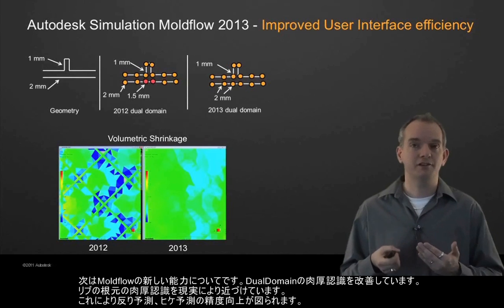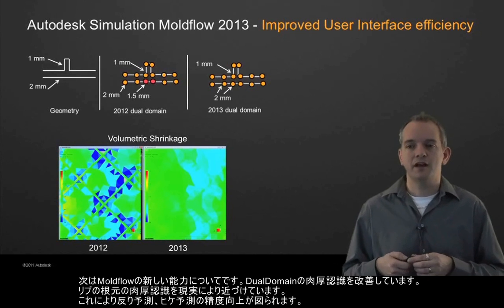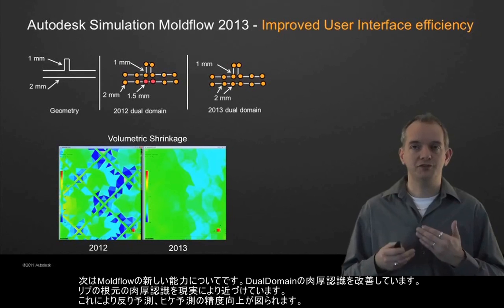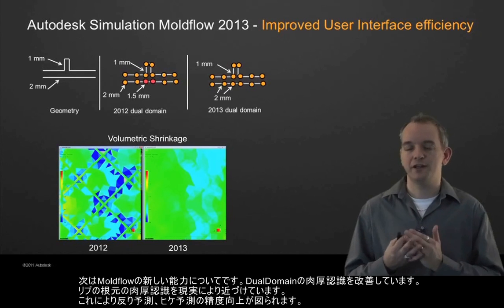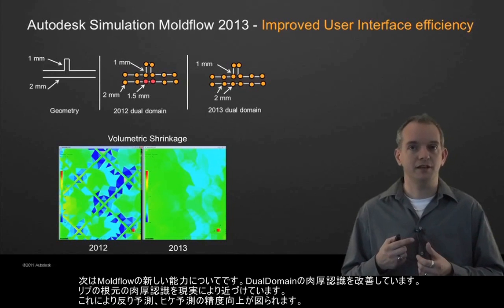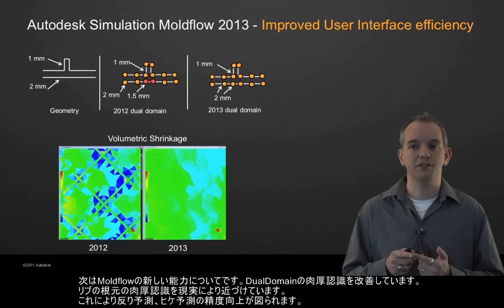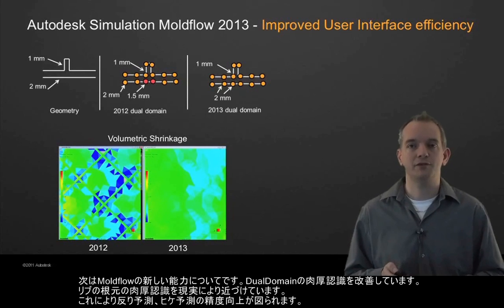This is a much better estimate of the actual thickness that the flow sees at that point. As a result, you see the volumetric shrinkage change quite a bit in that area directly underneath the rib. And as a result, you also see the impact of that on warpage predictions as well as the sink mark predictions. So big improvement, very successful. I think you're going to be very happy with this improvement.